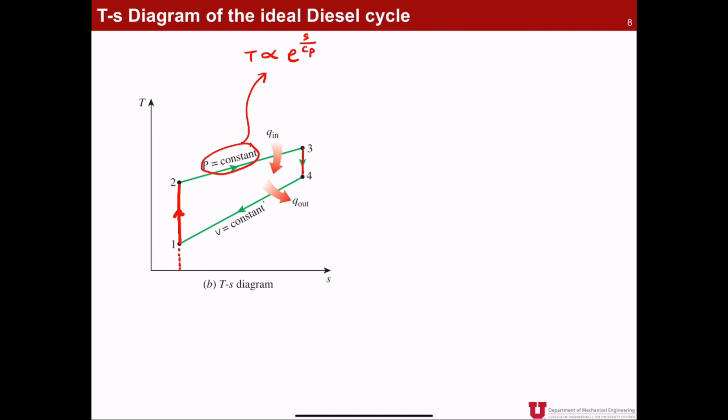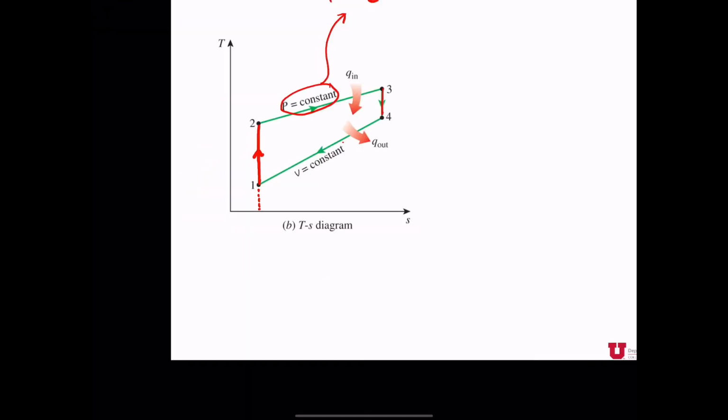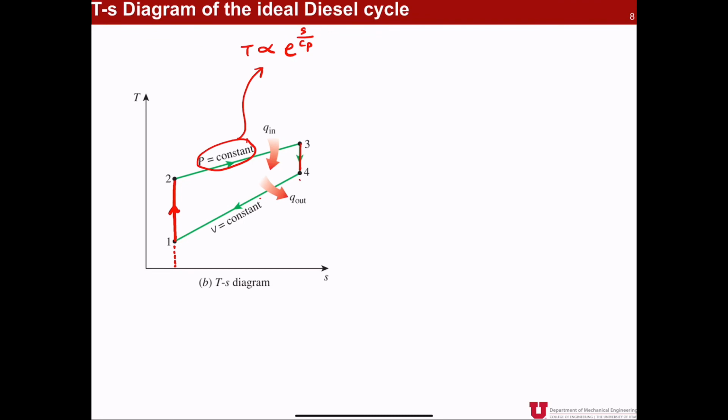And now from 3 to 4, we also have constant entropy, and 4 to 1 we have constant volume heat rejection process, and this curve for the ideal gas with the constant specific heat is basically proportional to S over Cv.